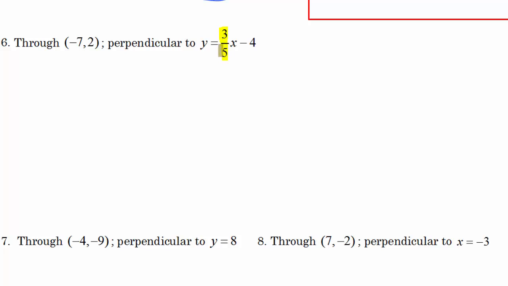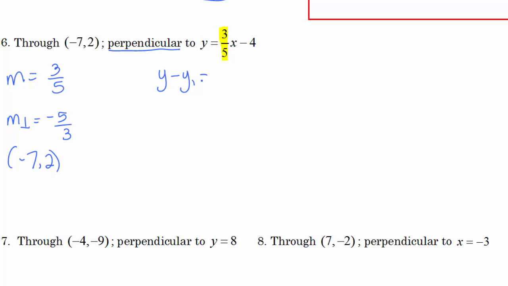Right? So again, the slope of the given line is 3/5. But that says perpendicular. So I need to flip it and change the sign. Flip it and change the sign. So I need to use that slope and the given point. So y minus 2 equals my slope times x minus a -7. Those double negatives make plus.